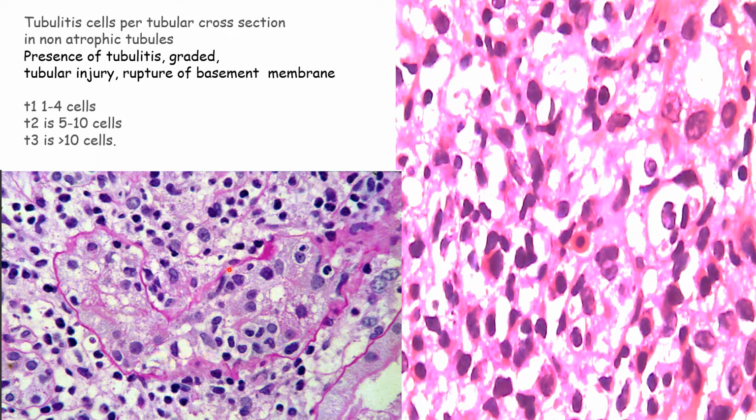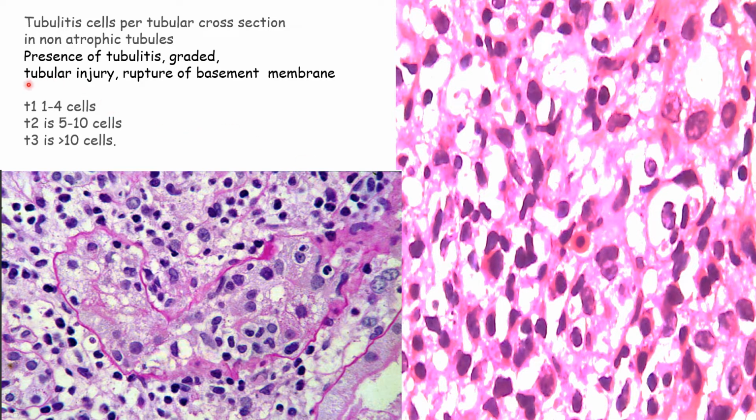Here is a PAS section showing the peripherally present basement membrane of the tubules. It then becomes easy to see that these small round cells or the lymphocytes are encroaching upon the epithelial cells and in the lumen, and then it is very easy to count their numbers.